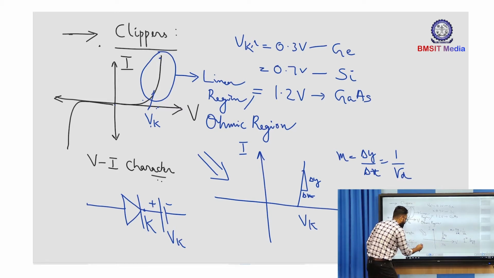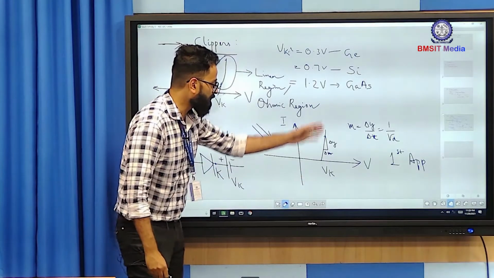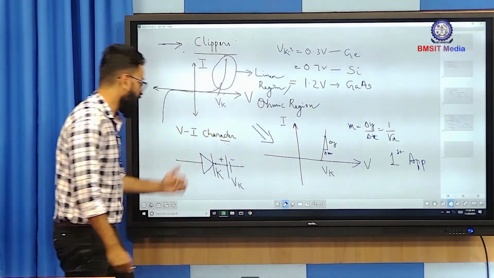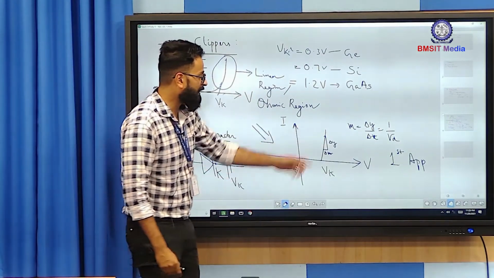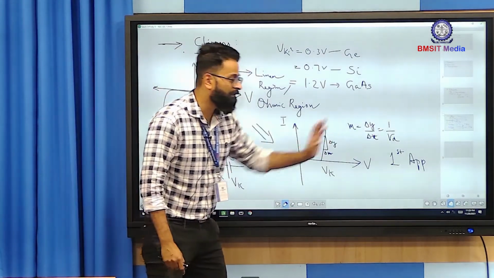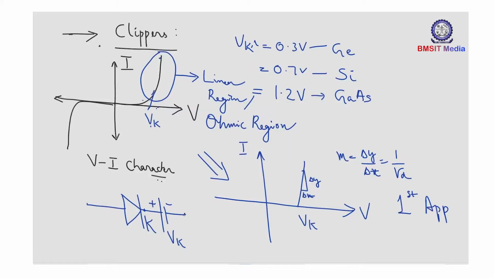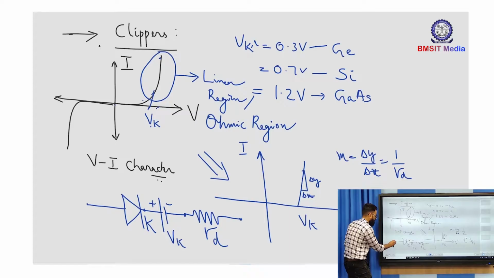Okay. Followed by the barrier potential, let us try to include this linear line into our model. So this linear line can be represented with the diode dynamic resistance RD. So you can place a series resistance RD in series with the diode model. So this is your first approximation. Okay.